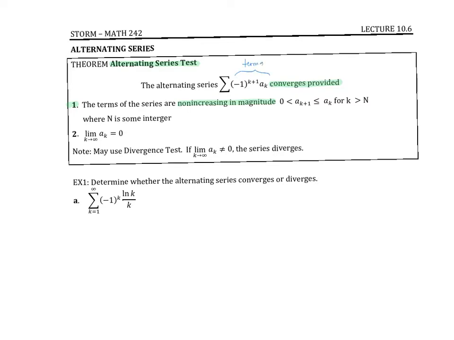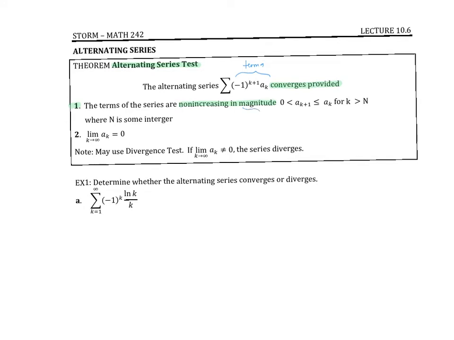So these would give us our terms. The reason why we're using non-increasing in magnitude, going back to vectors, remember magnitude is the absolute value. So if we're just looking at the absolute value of the terms, that means the only thing that we're really looking at is this a sub k. We're going to ignore the -1.